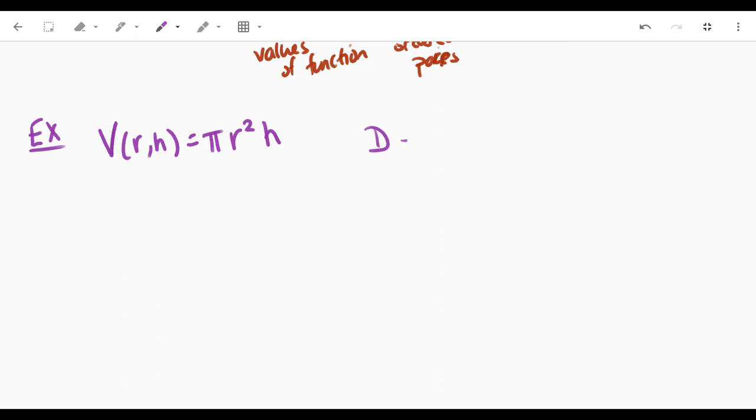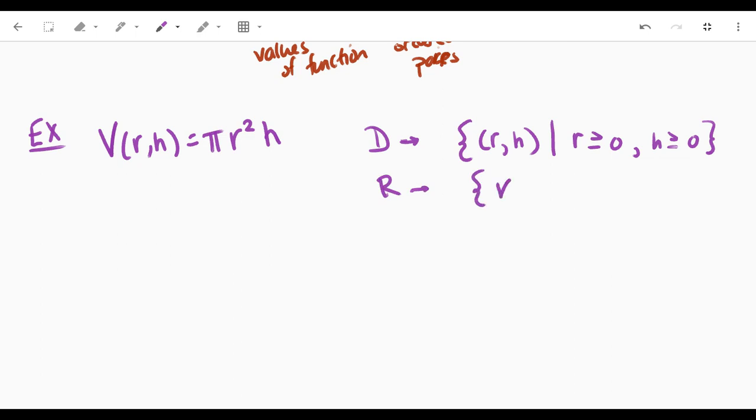So your domain would be all ordered pairs r, h such that r is greater than or equal to 0 and h is greater than or equal to 0. Because in order for the cylinder to exist, we've got this context here. Your range would be V such that V is greater than or equal to 0.